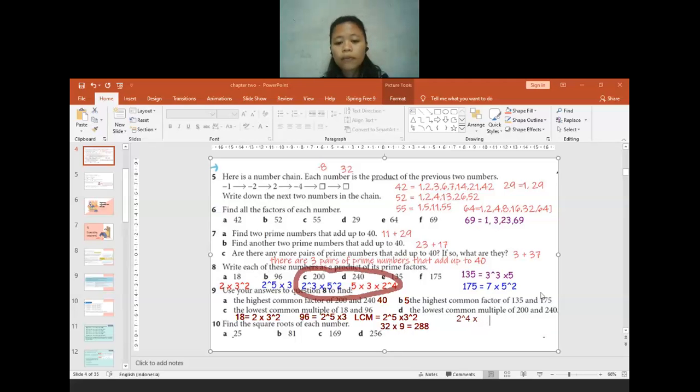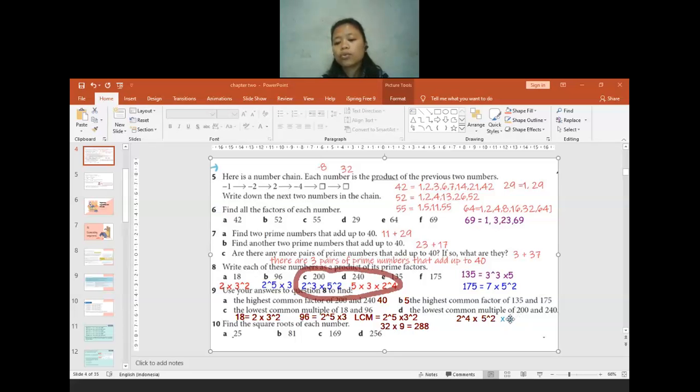Okay, 5 to the power of 2. Is it done? Only 5 to the power of 2? Or should I multiply it with the number 3 or not? Yes, I have to multiply it with 3. So multiply it again by 3.